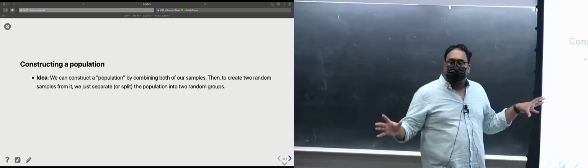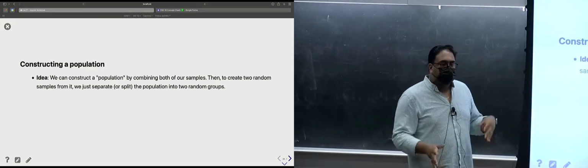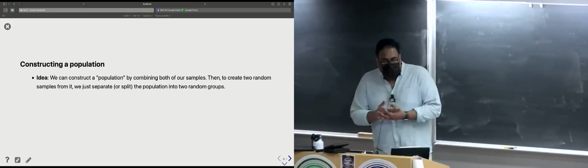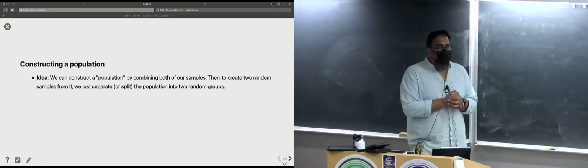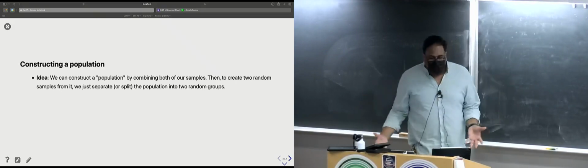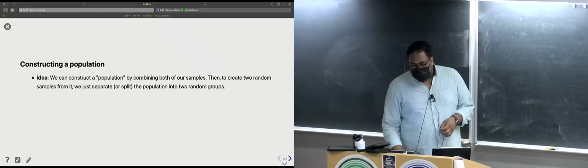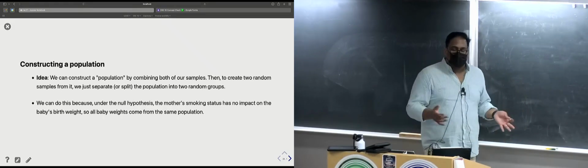Okay, we don't have access to the real population, so that makes this example different than our previous ones. But we can construct a pseudo-population by just combining both of our samples. We have the sample of non-smoking weights, the sample of smoking weights. Let's just lump them all together into one big group and pretend that that's our sample, or that's our population.